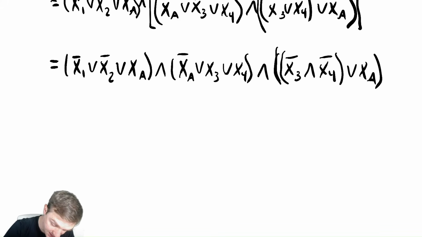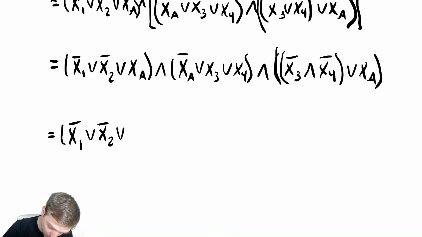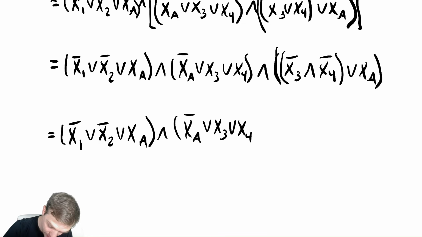So let's say this is equal to x1 bar or x2 bar or xa, and xa bar or x3 or x4.